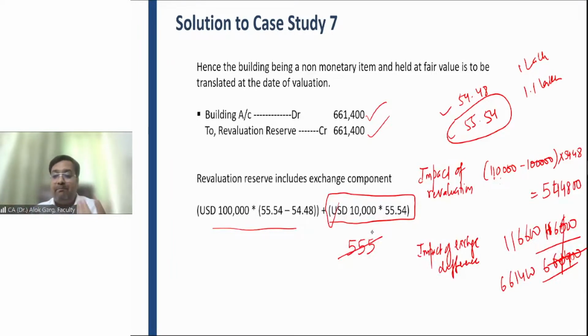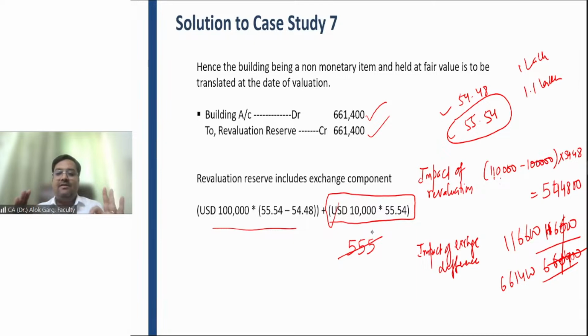Now, what is the impact of exchange difference? The impact of exchange difference should be on the entire universe, which is 1,10,000. So 1,10,000 multiplied by the difference in the exchange rate, right? Is that clear? Tushar, is that clear? Is that clear or should I repeat again?